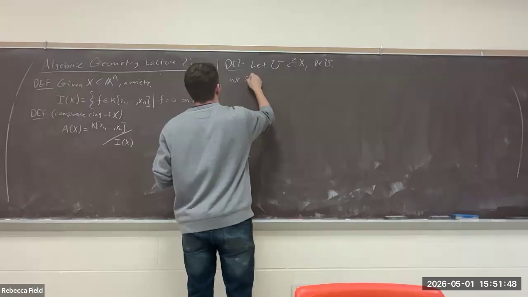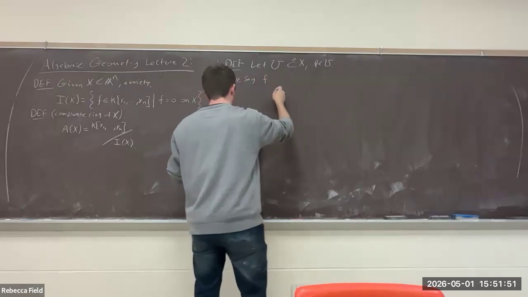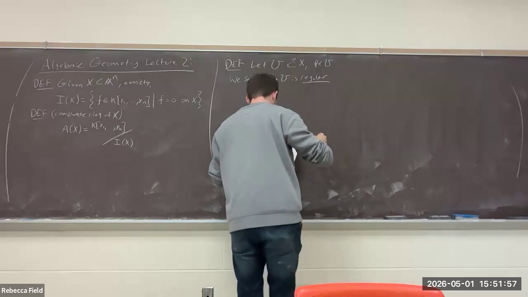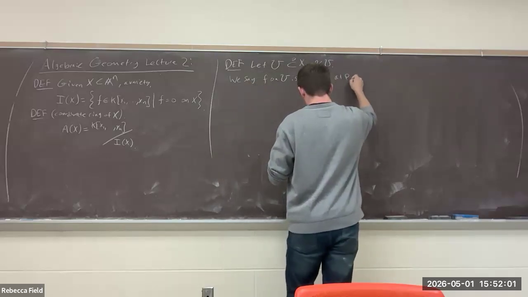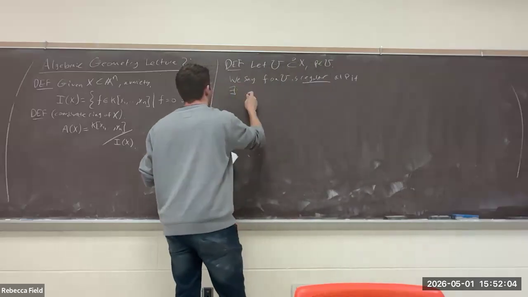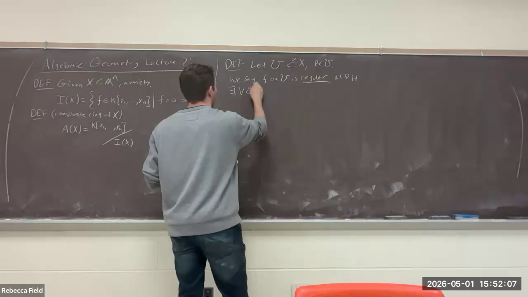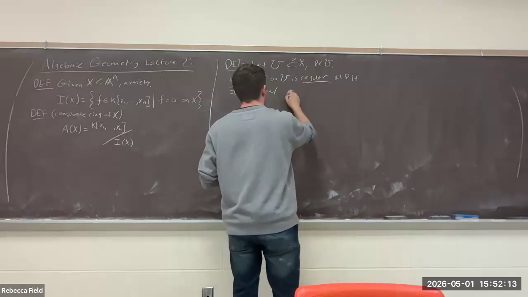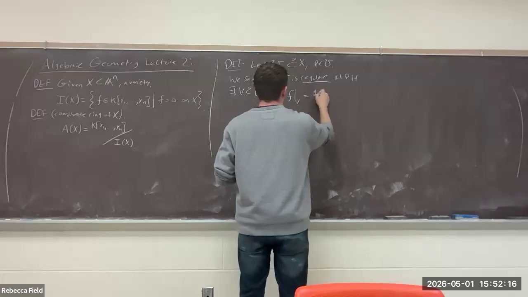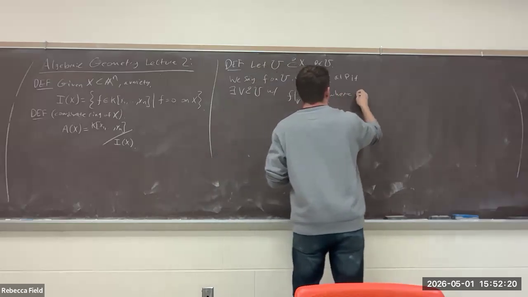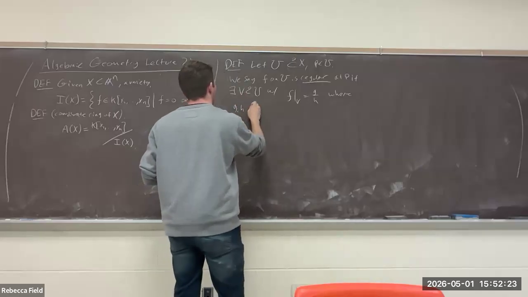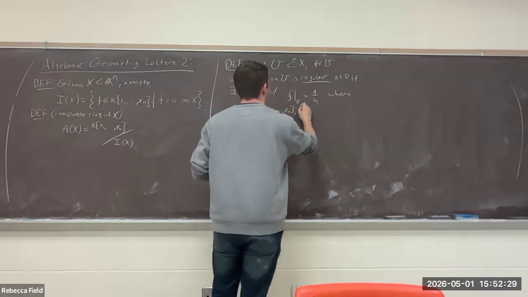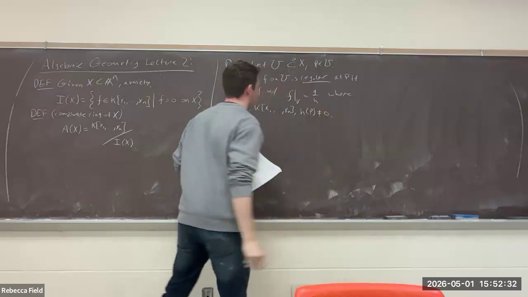We say that a function f on U is regular at P if there exists an open set V in U with f restricted to V equal to G over H, where G and H are in a polynomial ring, and H of P is non-zero.